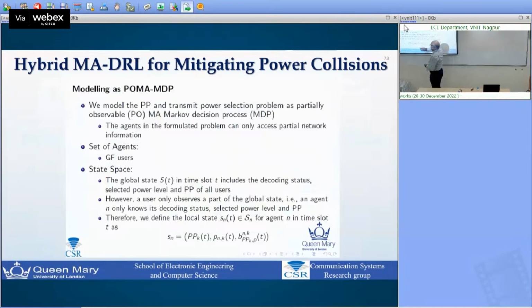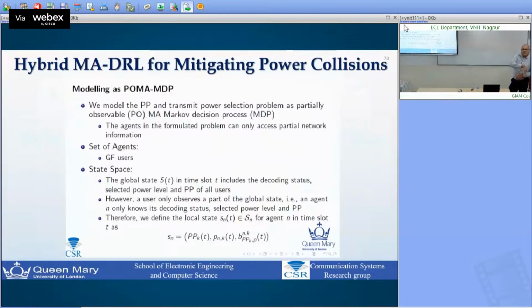So in which state is that agent now? It has selected a power pool, it has selected a power level, and this is the decoding status, whether it is decoded or not. That is the current state of the agent: at the moment, which power pool that device has selected, which power level, and whether it decoded successfully or not.